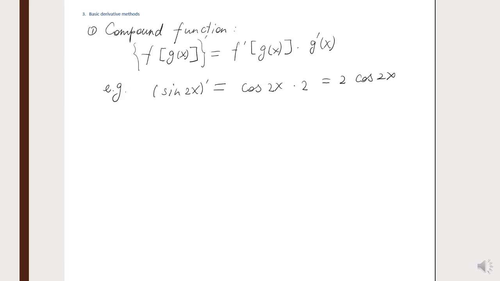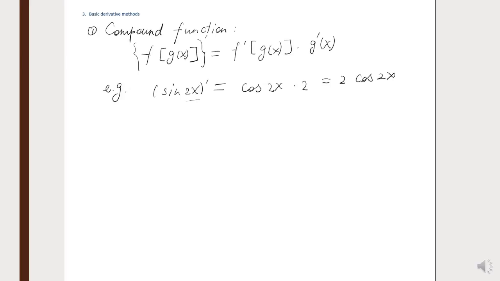Let's look at one simple example. For example, we have sine 2x. So we understand from the basic derivative table that sine x's derivative is very simple, which is cosine x. However, here we change the x within sine x into 2x. Okay, so our f(x) is sine x, and our g(x) will be 2x.